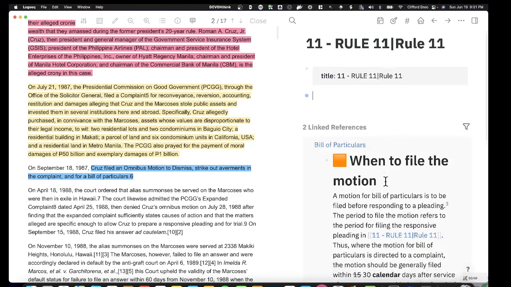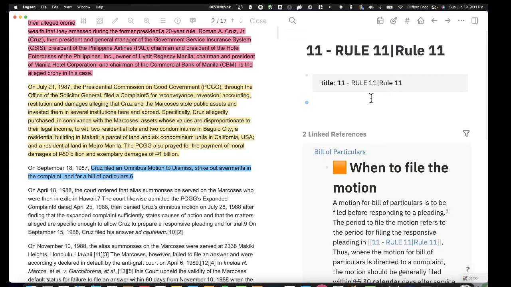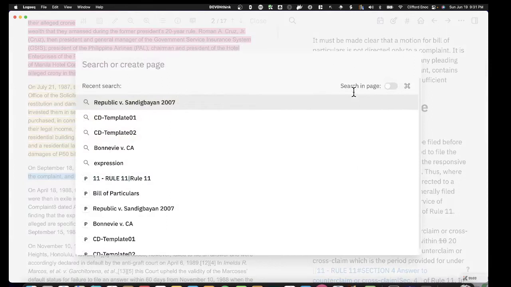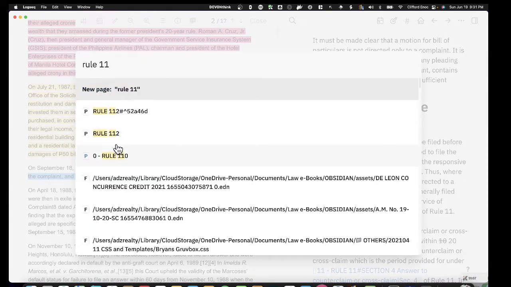Let's check. Asa na ba yung Rule 11? Rule 11, Section 1. I think we're going to search that. Ito.